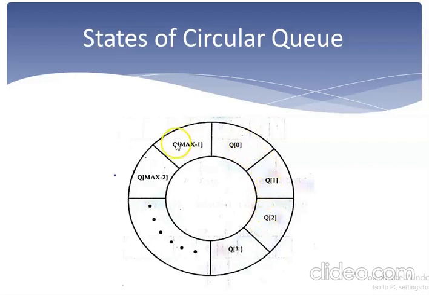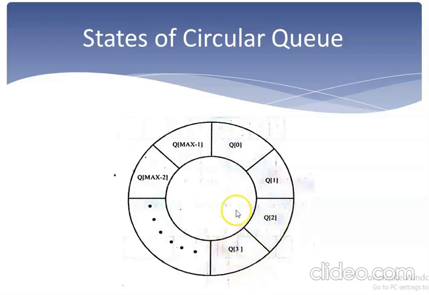So after rear reaches this point, it can be made to point to this location, because in a circular fashion, this is the next location coming after the end of the list. Then we can reset this from max minus 1 to 0 and continue up to an index just before the location where front is pointing.